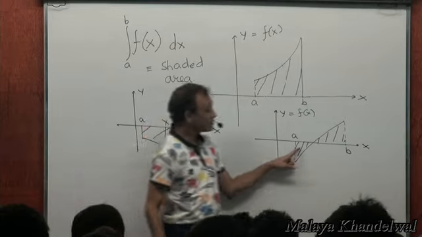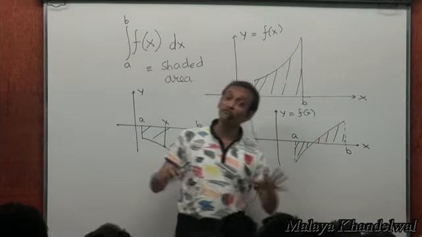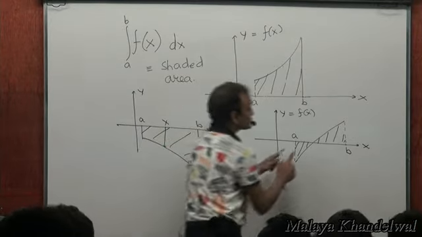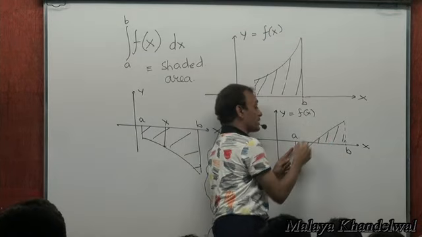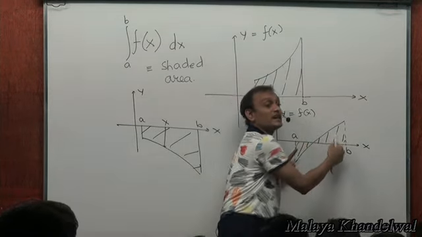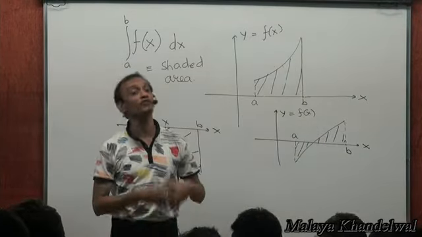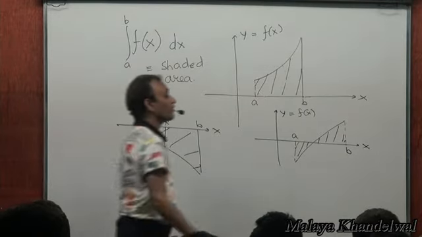It will represent the algebraic sum of these two areas, and the net effect could be positive or negative. So the integral will represent this algebraic area. This positive plus this negative could be either positive or negative or 0.